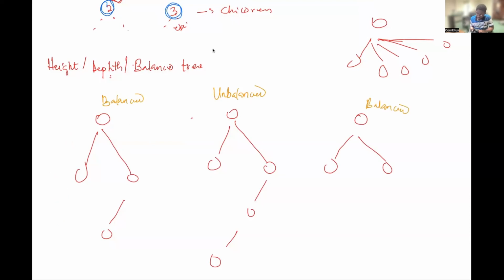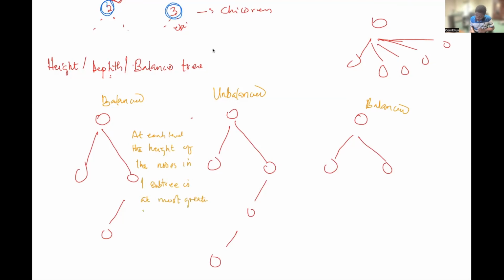When you talk about a balanced tree, it means that at each level, the height of the nodes in one subtree is at most greater than the other.